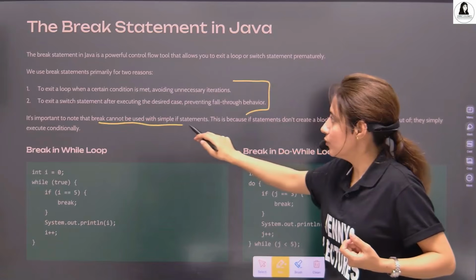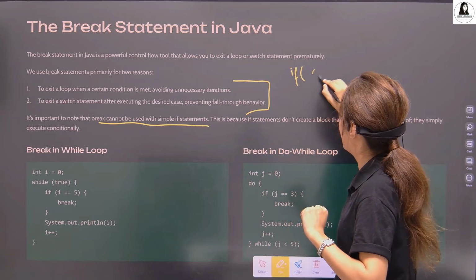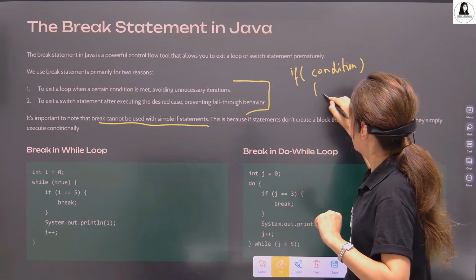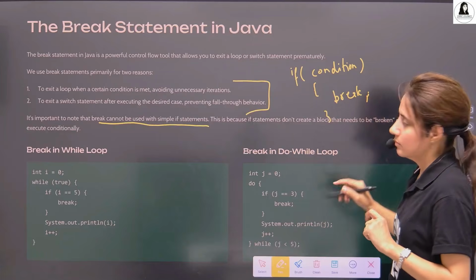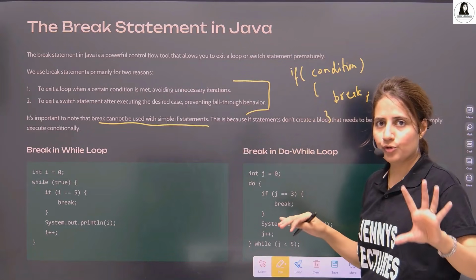Break cannot be used with a simple if statement. If you want to use something like this, if, and here we have some condition or Boolean expression, and within this I want to use break, this will give an error. Directly within if we cannot use it.